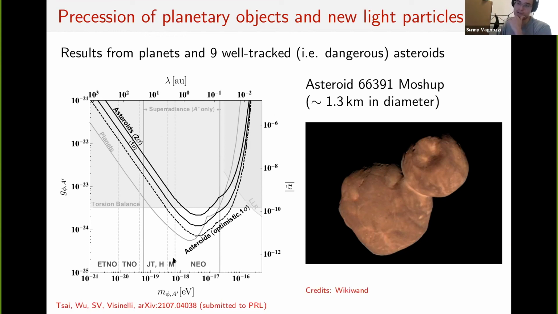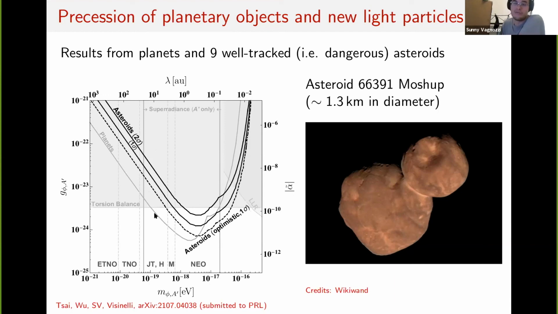You can see our constraints here, making different assumptions. The interesting thing is that the tightest constraints on fifth forces in most of the range of the fifth force come from torsion balance experiments. But with planets and asteroids, we can actually get stronger constraints in a certain mass range over here, which is interesting for ultralight particles, of course.